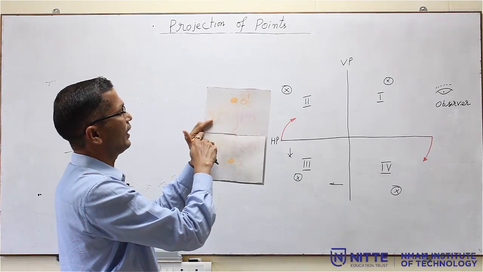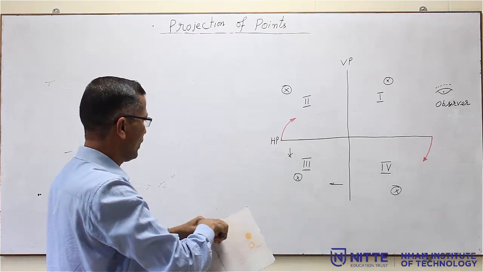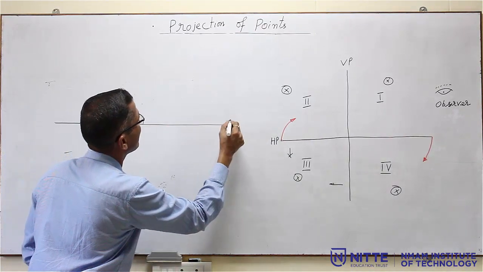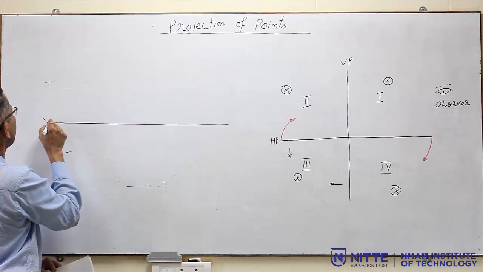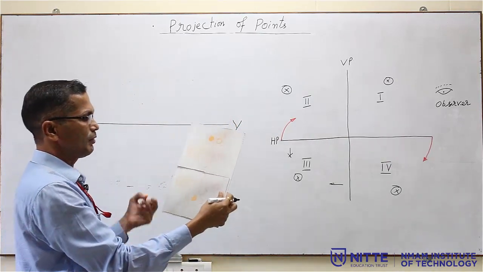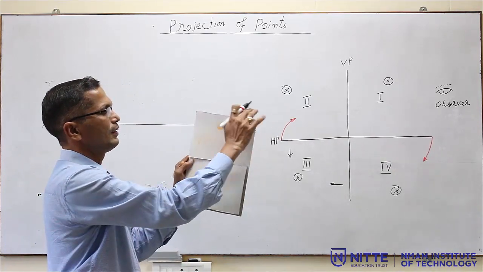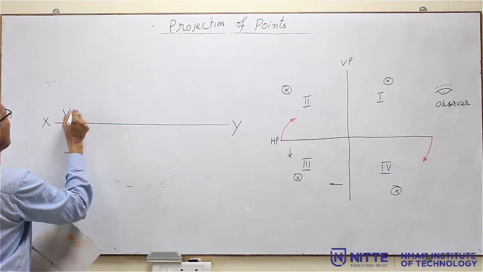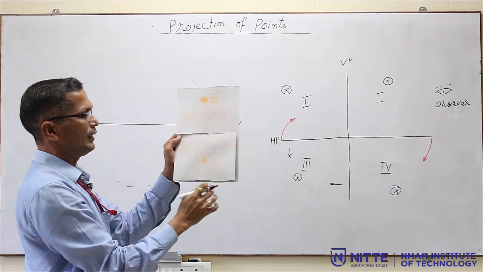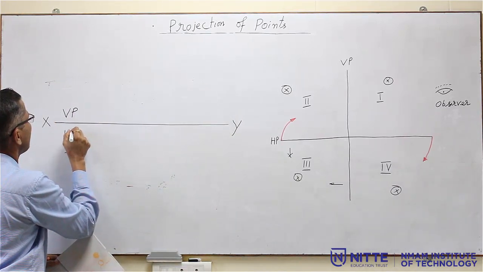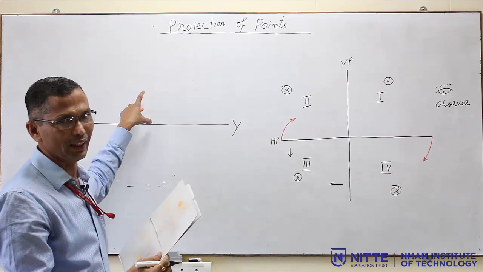This line is X and Y. So, I can draw it on the sheet here. So, this is XY, and the space above this, we call it the vertical plane. The space below this, we call it HP. So, this is the first quadrant.